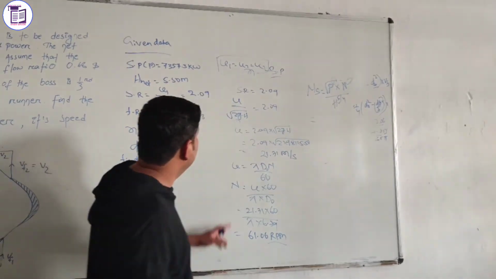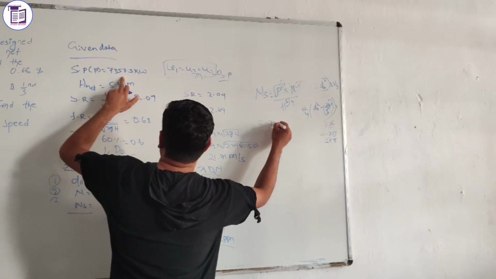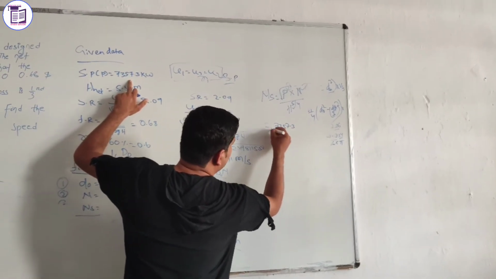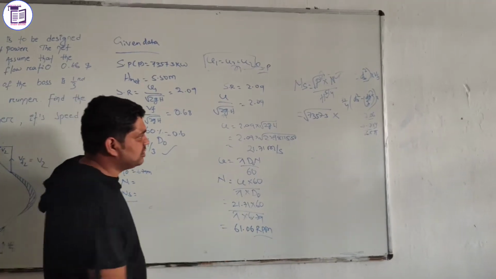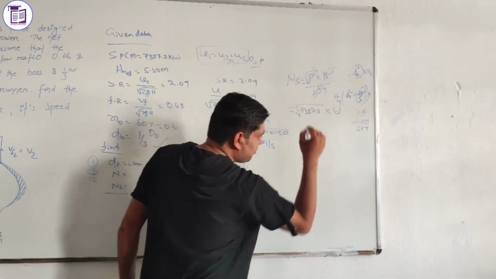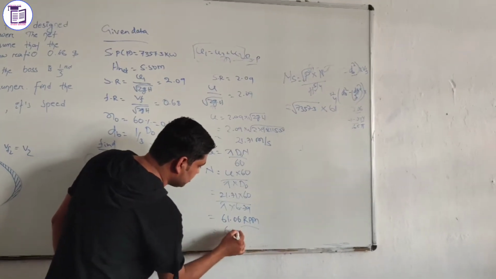So P is 73557.3, root over, into N, which is 61.06. You can consider this as 61 rpm, because you can consider 61 only.